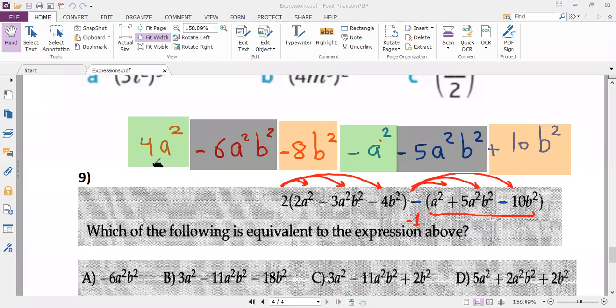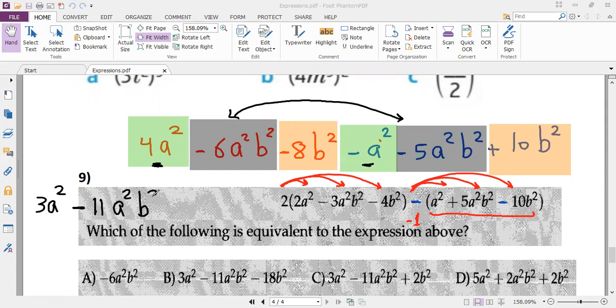So 4a squared minus a squared, it's 3a squared. So write 3a raised to the power of 2. Minus 6, this term and this term, they are the same, and minus 5, it's minus 11 a raised to the power of 2, b raised to the power of 2. And negative 8b squared plus 10b squared, it's plus 2b squared.